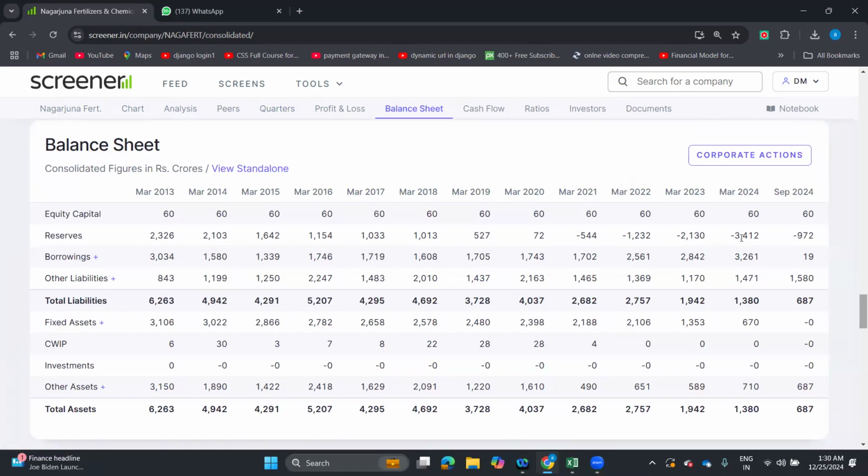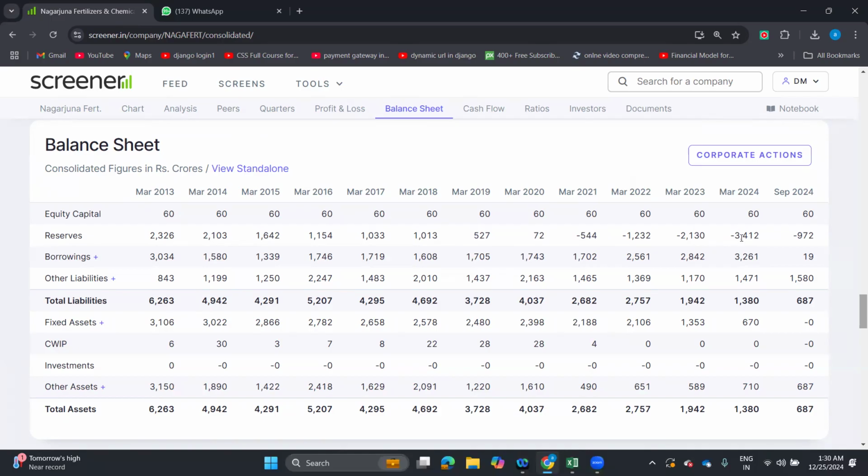How did they reduce their debt? That is something we have to read and understand. But reserves are still negative, means they are eroding their net worth also. So this is not good at all.